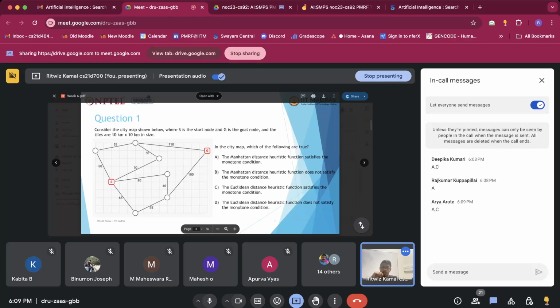So I'll ask you to look for such a pair of nodes that violate the monotone condition, both in the case of Euclidean as well as Manhattan distance. Try to think about it.